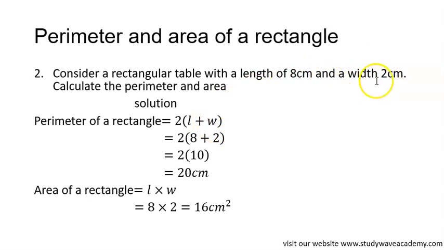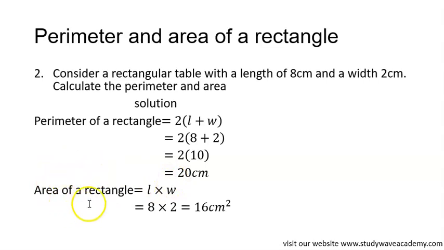So we input our numbers into the bracket. So we have 2 bracket open, L is 8, we input 8 plus W is 2, you put 2. You deal with the bracket. 8 plus 2 is going to give you what? 10, right? So you have 2 bracket open, 10 bracket close. 2 times 10 is going to give you 20. So you have 20 centimeter. The perimeter is 20 centimeter.